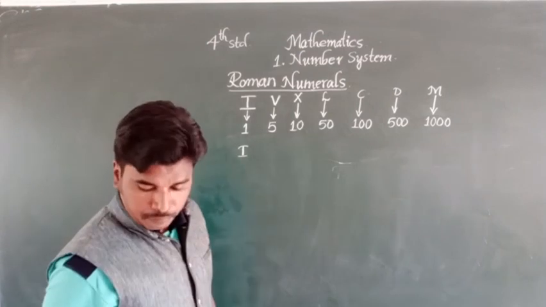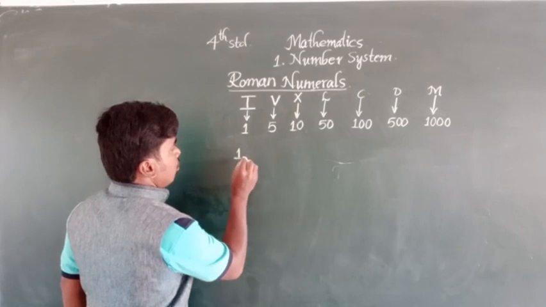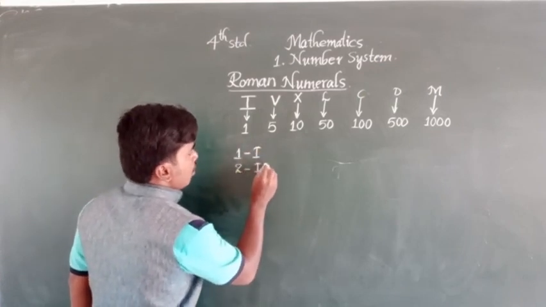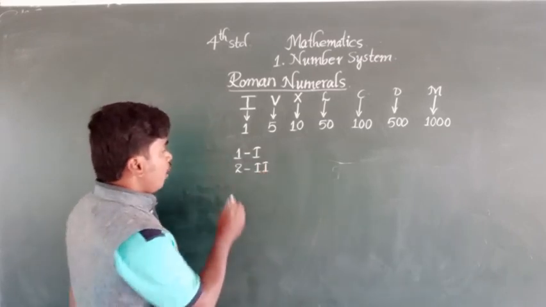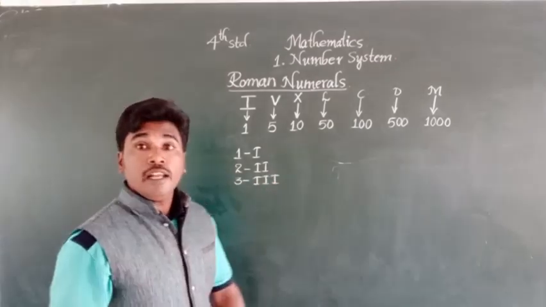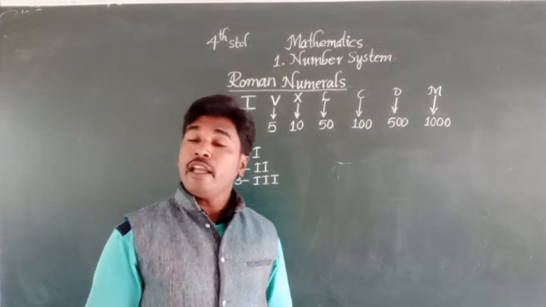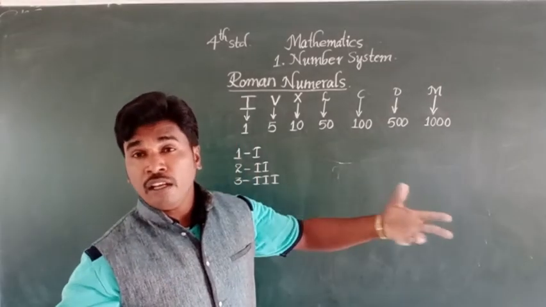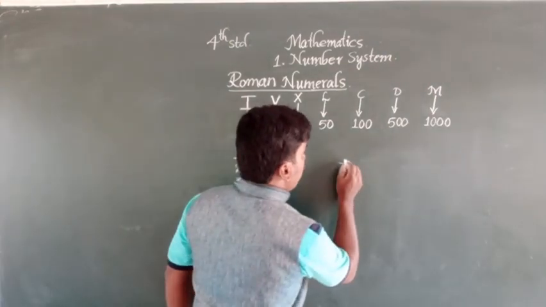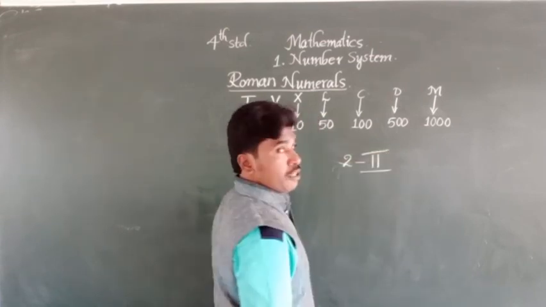1. For 1, how to write? It is I. 2, II. 3, III. Generally, dear students, you make one mistake while writing in the examination or while writing fast in your notebook. For 2 you may write two bars, one at the top and another at the bottom. Is it right?